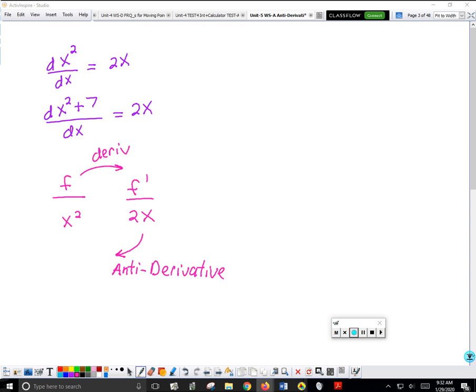I like the words that the AP test uses because I find them less confusing. What we have been doing is integration. What we are now doing is anti-differentiation. So we've been doing integration, that's the last 6 weeks, that was the last test. Now we're going to spend some time doing antiderivatives.